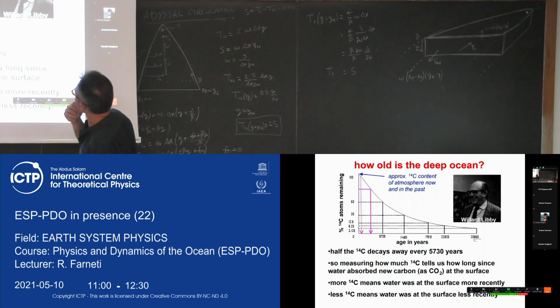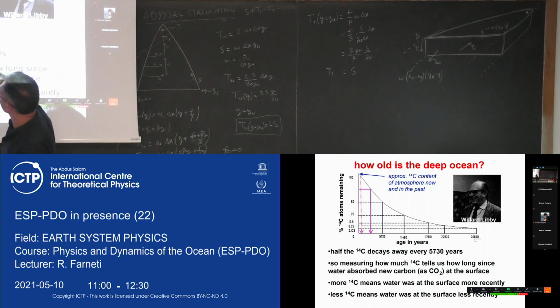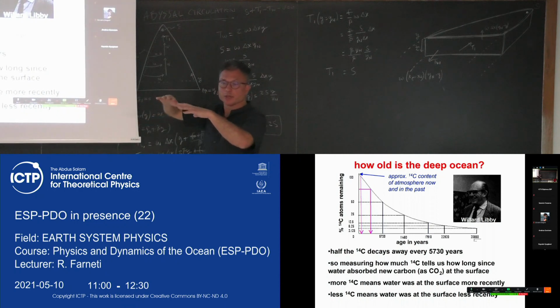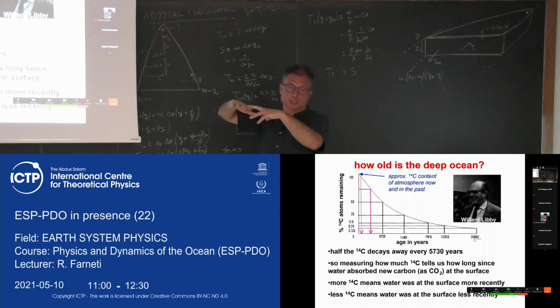So what is this representing? The approximate content of carbon-14 of the atmosphere now is 100%. So you can start with a parcel of water at the surface that has 100% concentration of carbon-14, equivalent to the carbon-14 of the atmosphere.